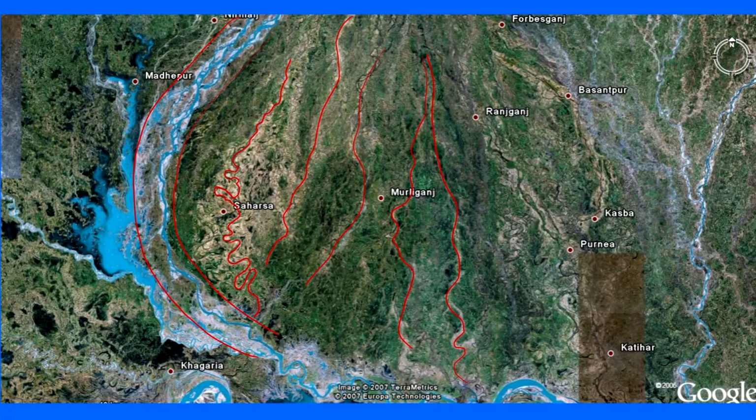And one of the best examples is along the Saraswati river, and that was your Indus Valley civilization or Harappan civilization.